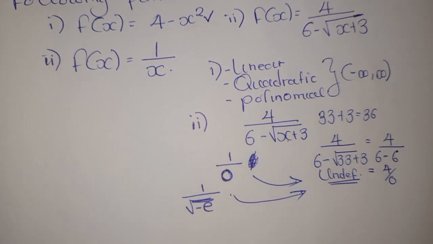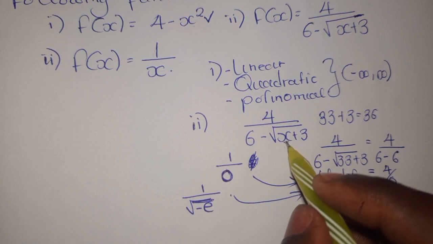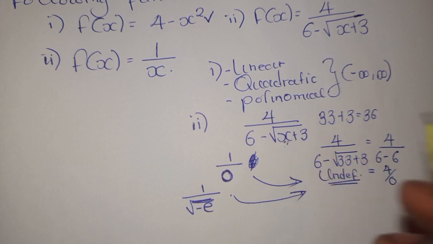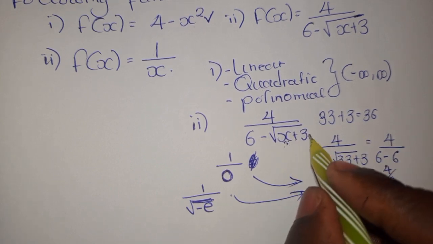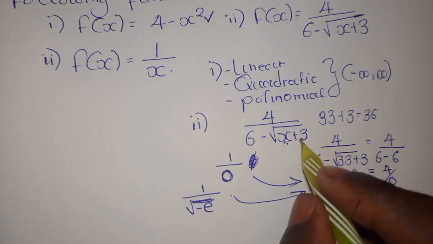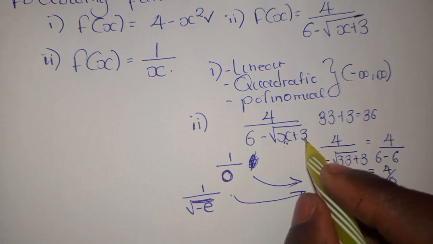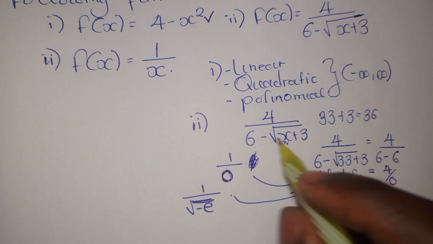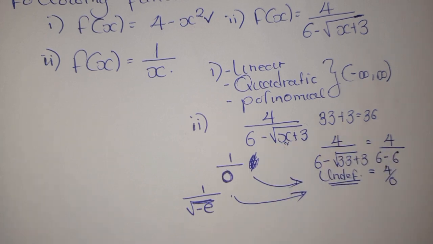So let's think of a number which will make these expressions undefined. We know if we were to put negative 4 here, it will be negative 4 plus 3, giving you negative 1. And negative 1 will make this expression undefined. So let's look now for a defined domain.